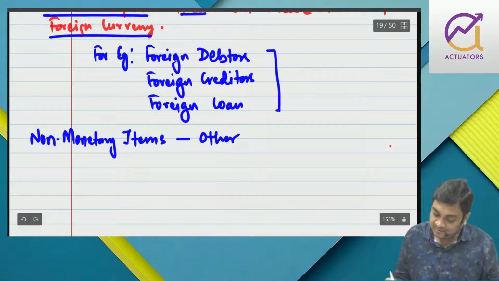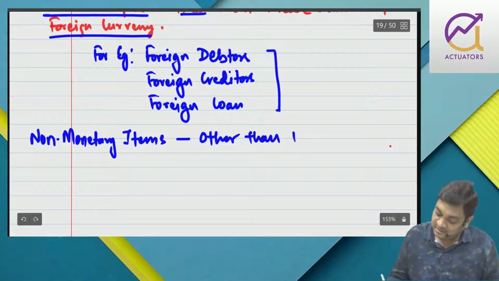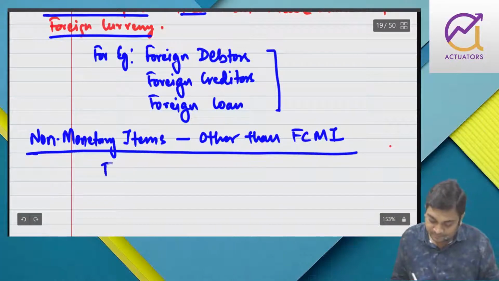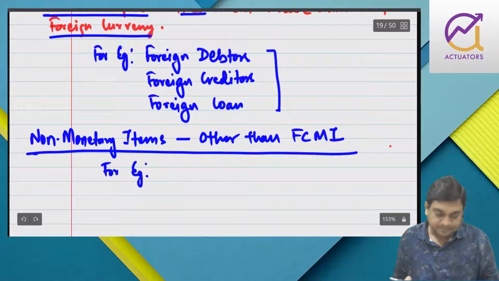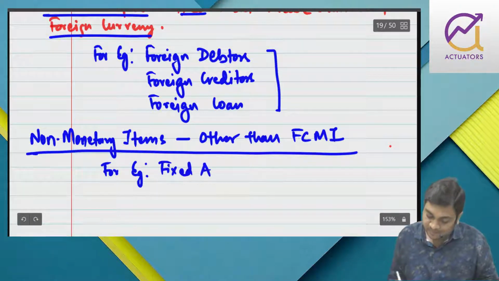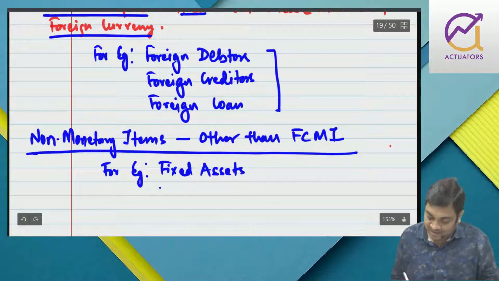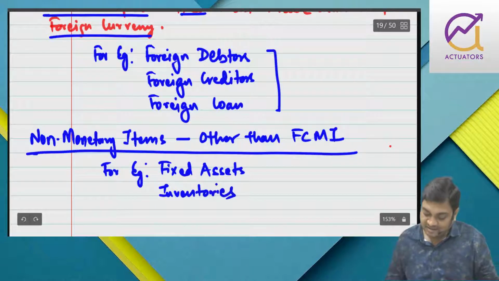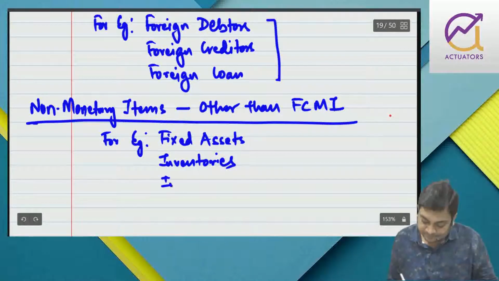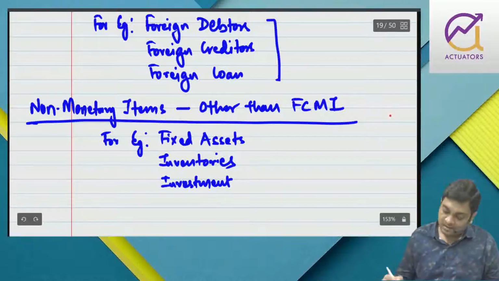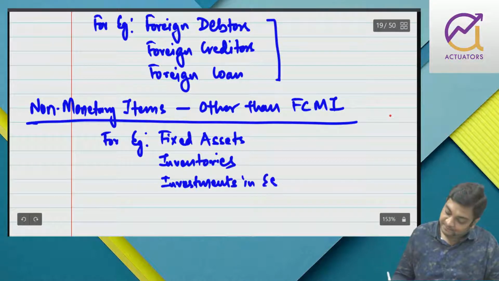These are other than FCMI. For example, fixed asset, inventories, investment in equity shares.